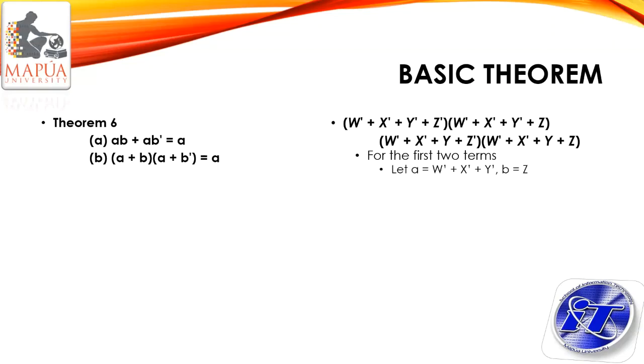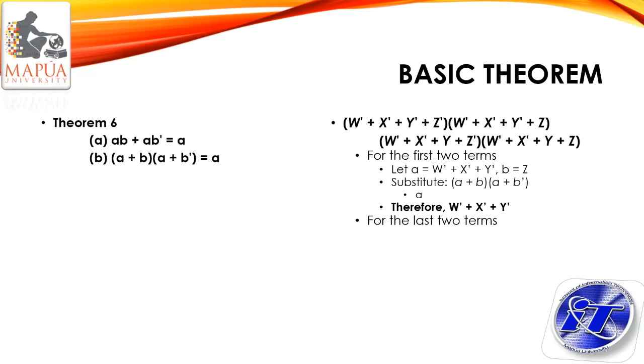So let A be W not plus X not plus Y not, B is equal to Z. Substitute. We have A plus B added to A plus B not, second form. And then the result will be just A. So we have W not plus X not plus Y not.